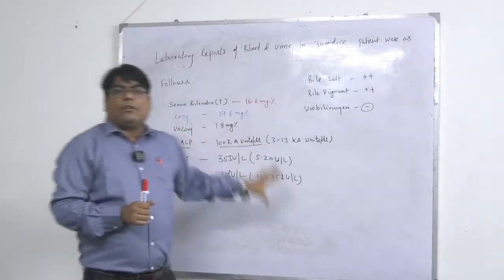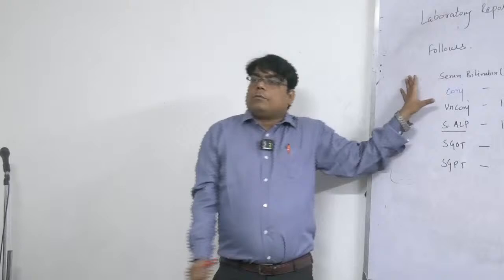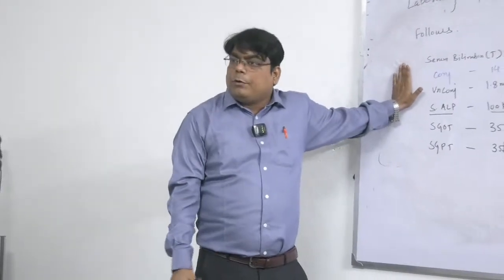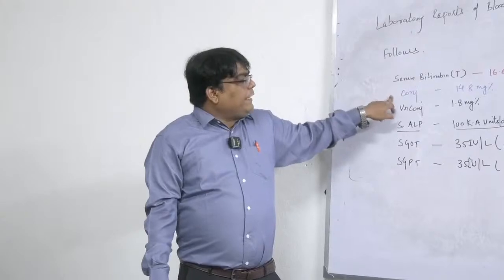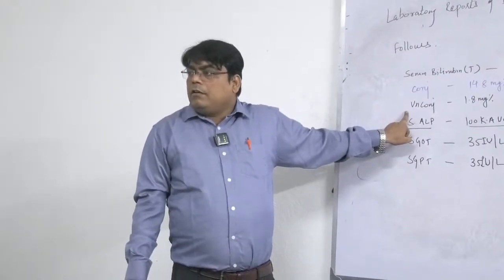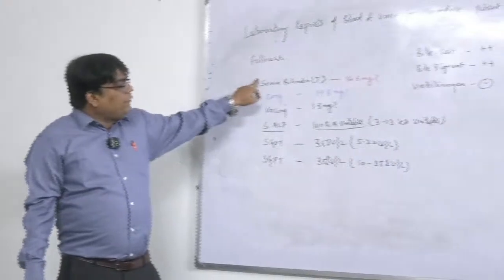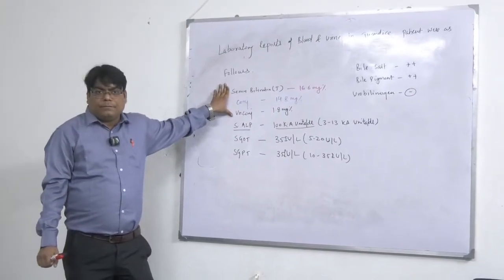It is clearly a patient of jaundice because the serum bilirubin level is high. The normal level of serum bilirubin is 0.2 to 1.2 mg per dl. Conjugated means direct bilirubin, unconjugated means indirect bilirubin. If you see the report of these bilirubin levels, you can easily give the answer.